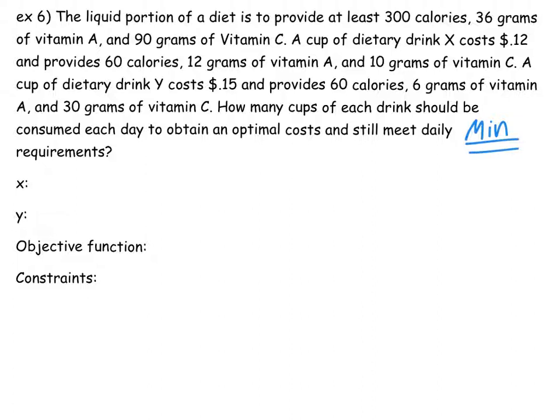This is a minimization problem because we want to meet our constraints in terms of nutrition, but we want to do it for as cheap as possible. Okay, so X is going to be the cups we take of drink X and Y is going to be drink Y. Okay?